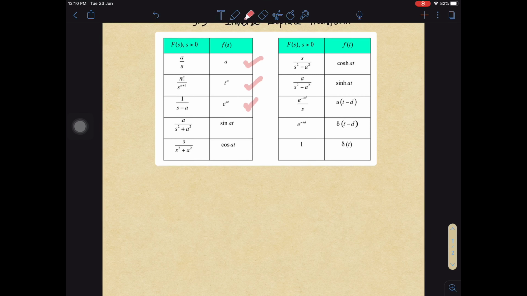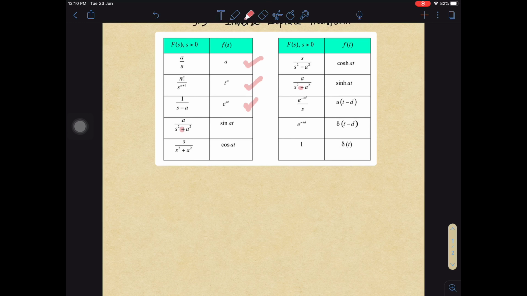So when you have in the denominator s to the power of 2 with any constant, okay, either positive or negative, it's related to the functions sine, cos, cosh and sine hyperbolic. Okay, so what is the difference between sine and sine hyperbolic is just a sign here.